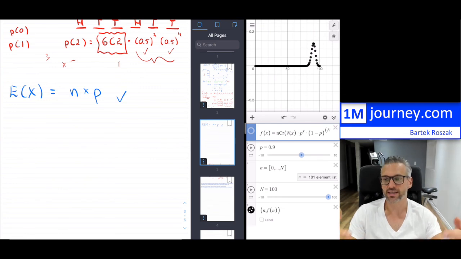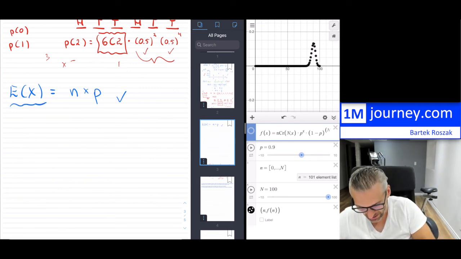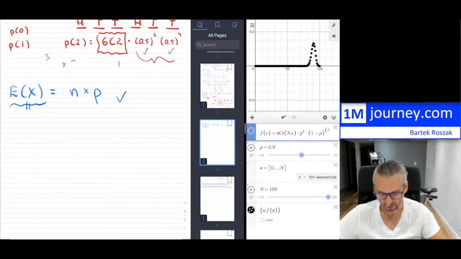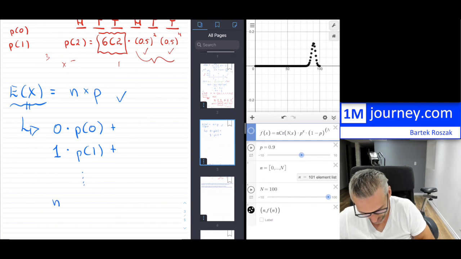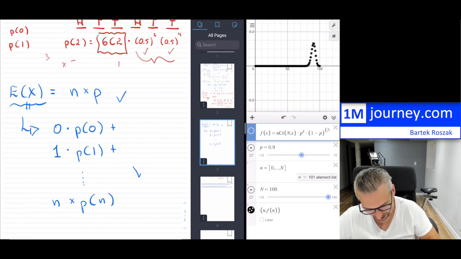But if you want to see how this is derived, please remember that the expected value would be 0 successes multiplied by the probability of seeing 0 successes, plus 1 multiplied by the probability of seeing 1 success, plus, and so on, all the way to n times the probability of seeing n successes, right? And we have to add all of this up.